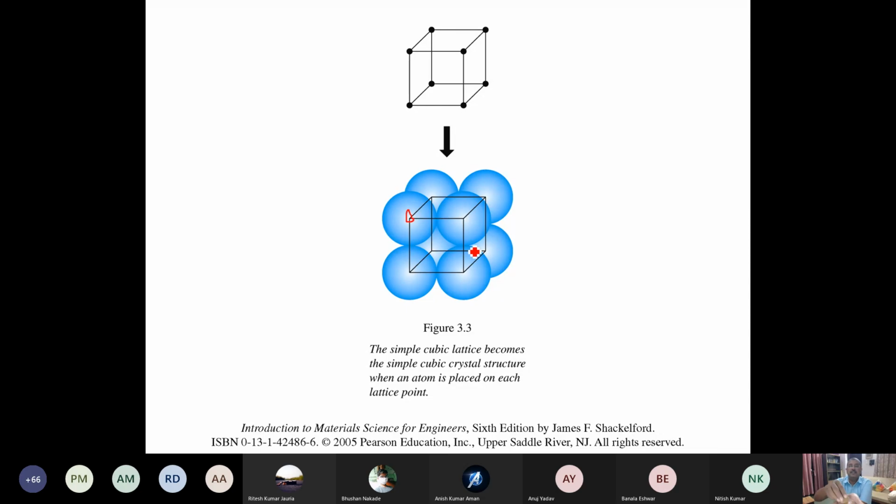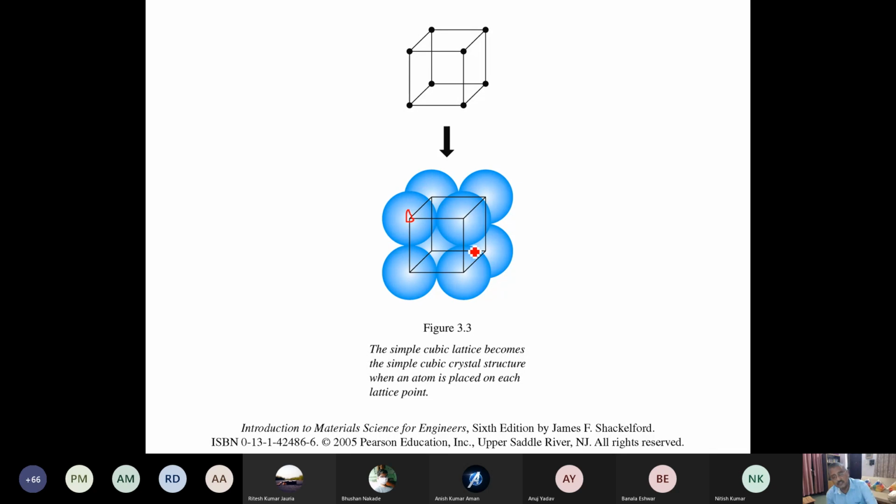Can you see this? So this sphere is occupying one corner. So how much is inside? 1/8. I can divide this wooden ball into 8 parts, and 1/8 of it is inside this cubic unit cell.